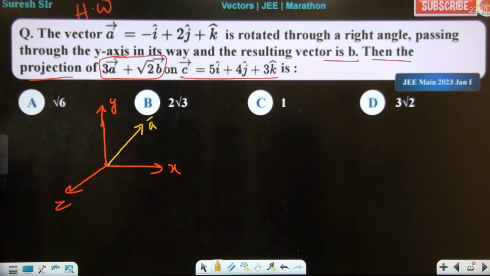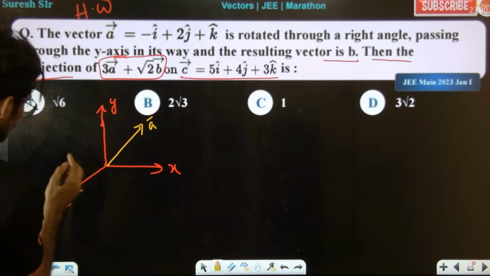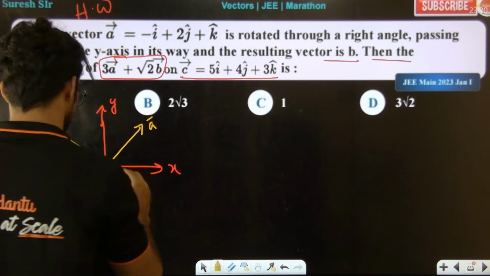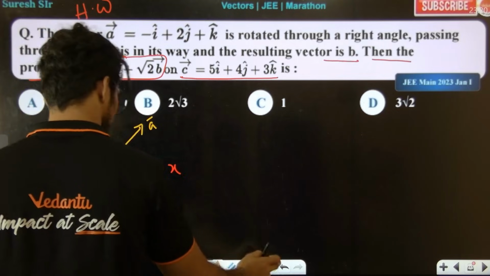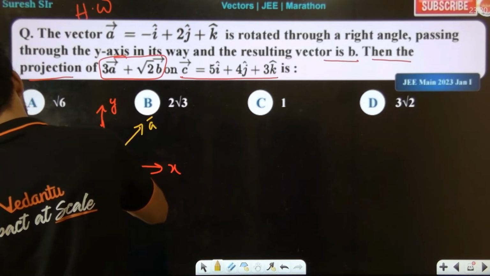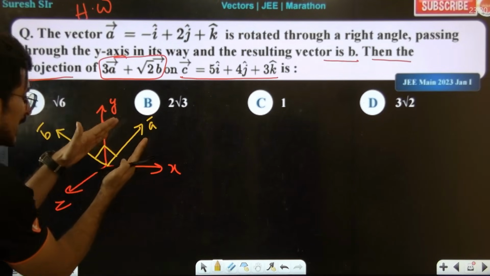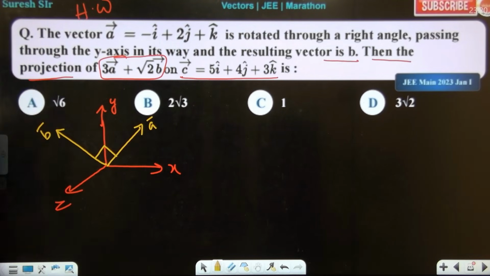This is rotated through a right angle. Rotated through a right angle is nothing but this. A rotated by 90 degrees. So we get the B vector like this. You understand now? Tell me.